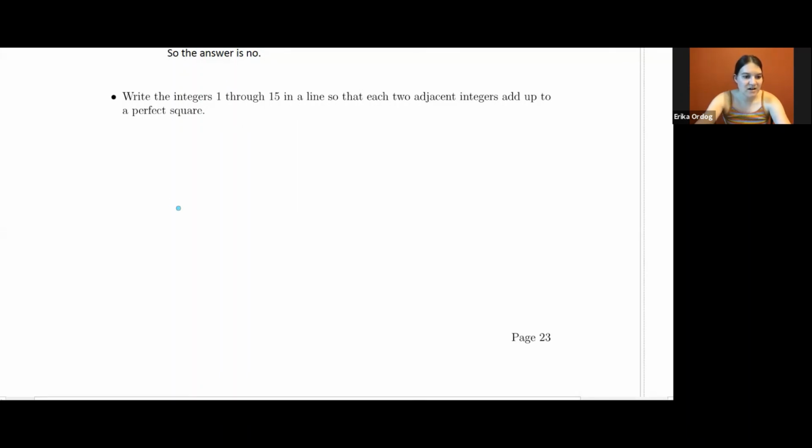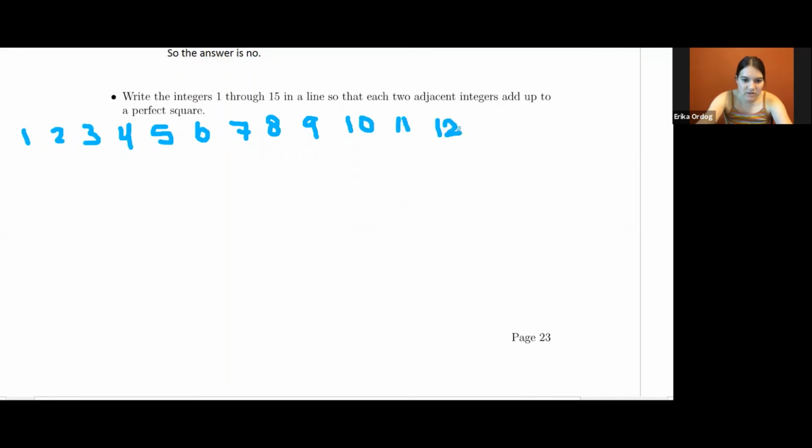Okay, so welcome back. Let's think about how we can solve this using a graph. So I'm going to first write out the numbers 1 through 15. And below, I'm going to write the numbers in 1 through 15 that when we add them to the number in the column I'm picking, we get a perfect square.